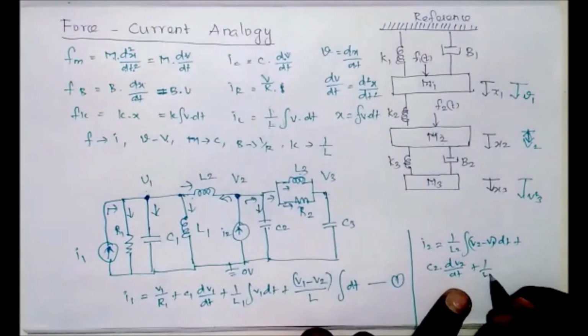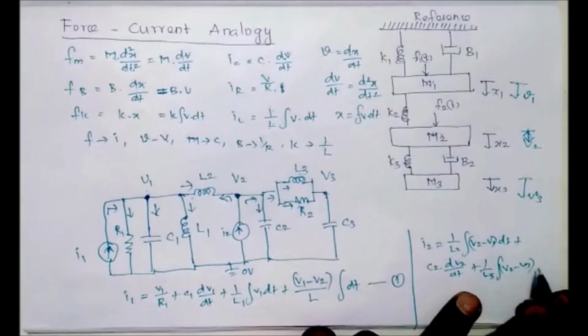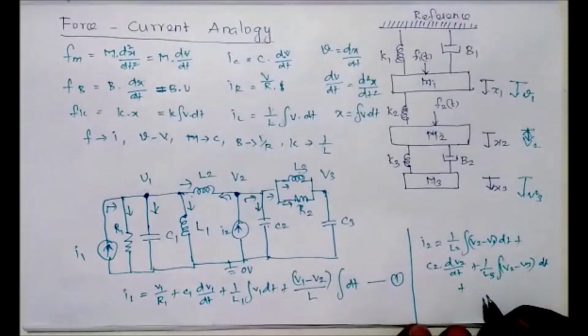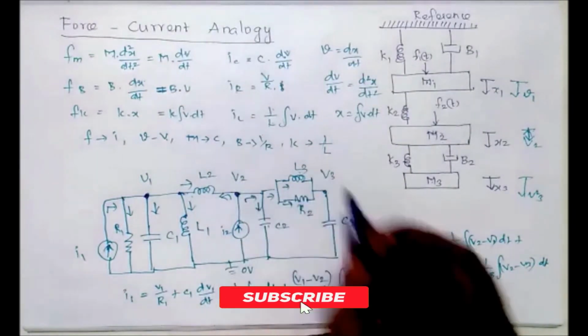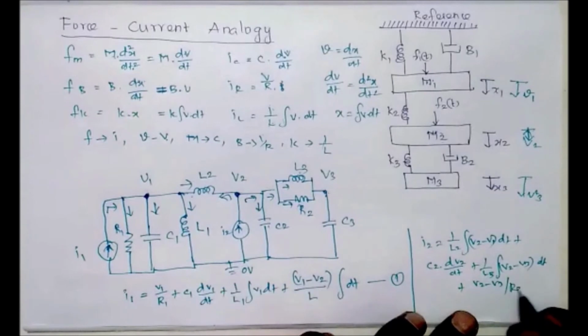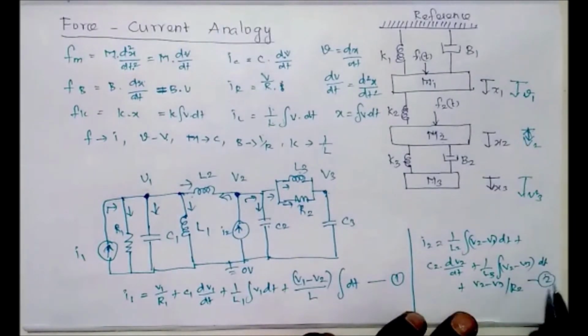So 1 by L3 integral of V2 minus V3 into dt plus, current through this resistor is V2 minus V3 divided by R2, equal to I2. So this we can consider equation number 2, that is for node 2.